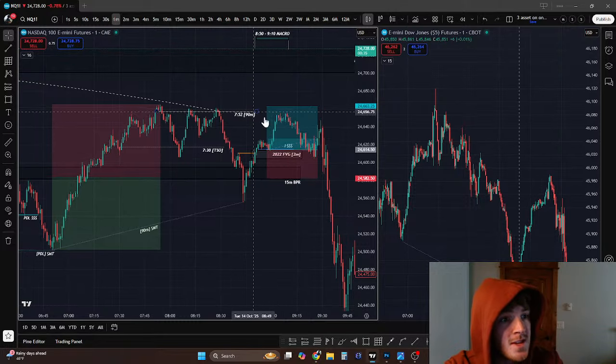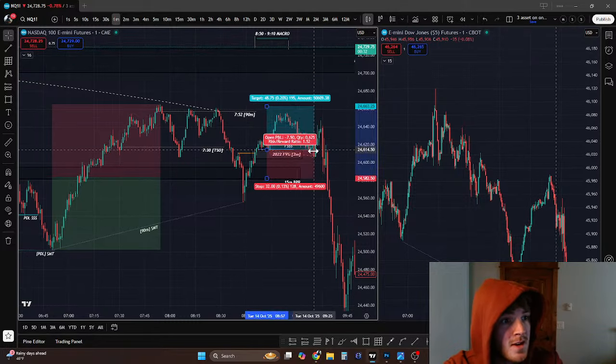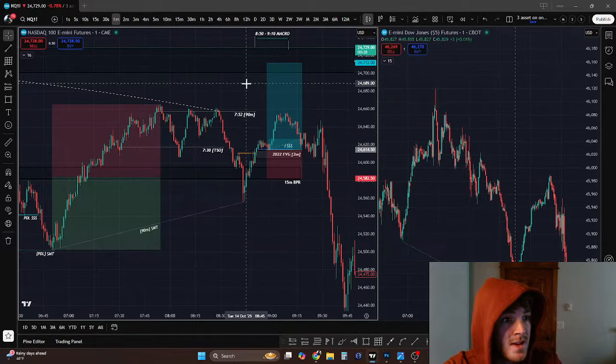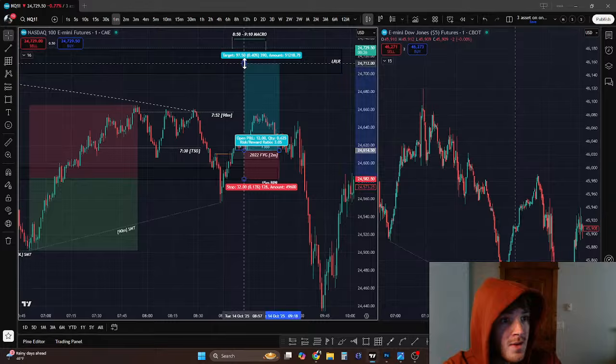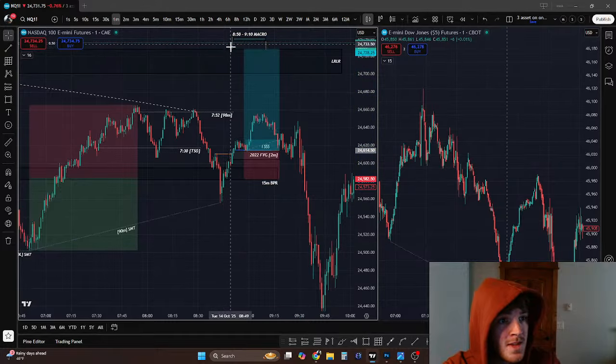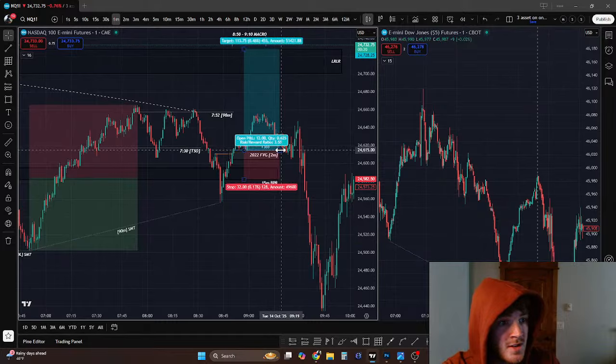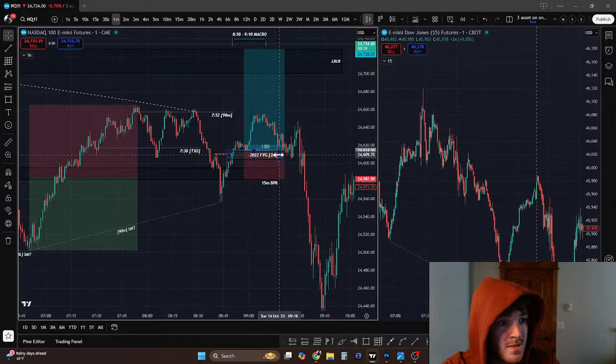So it looks something like this. And then I was basically going to take this up to expand to the LRLR. And we did not end up going there. But that's okay, right? So I really don't mind this trade. It ended up being break even.